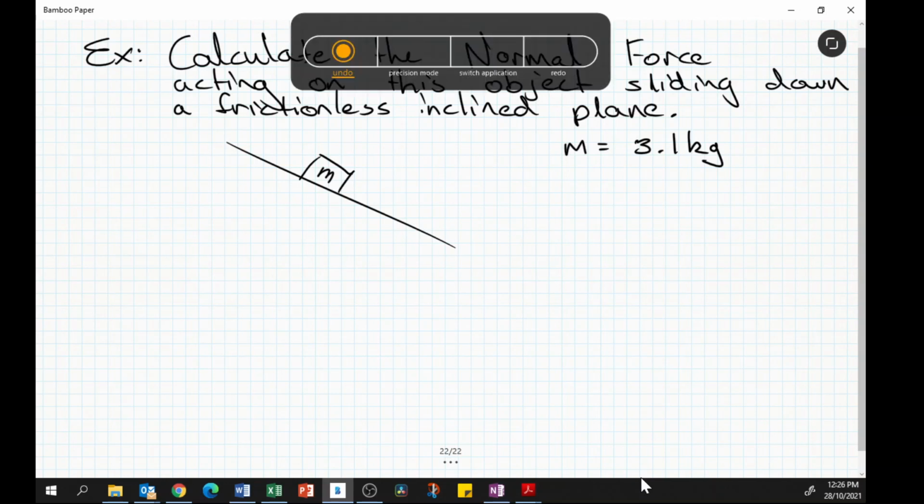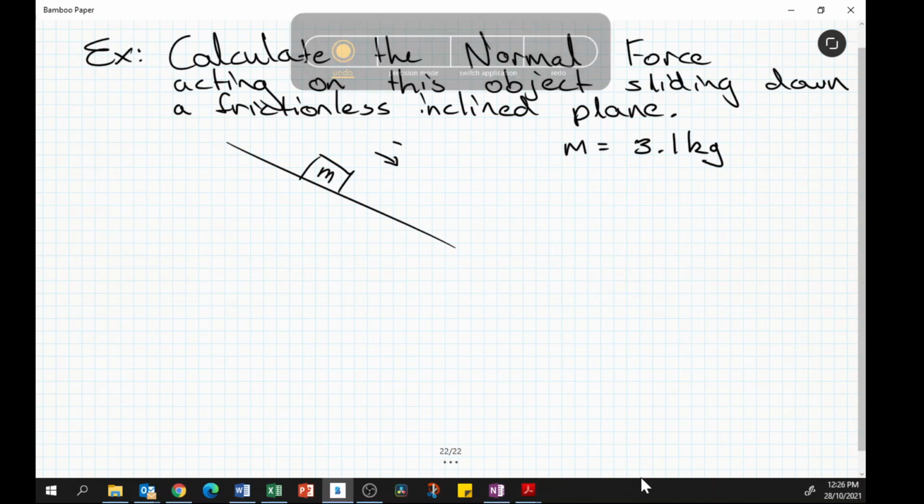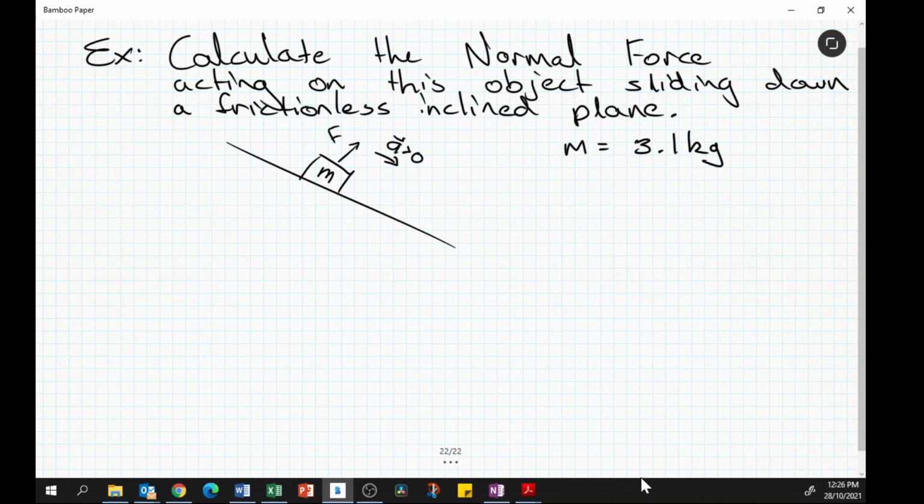Has some acceleration. This is an object of unknown origin. Has some normal force. Has some force due to gravity. And the plane is angled 40 degrees.